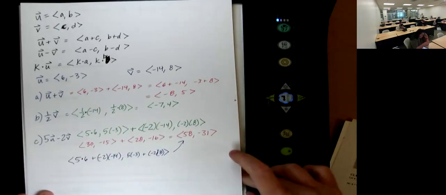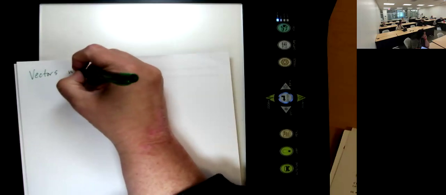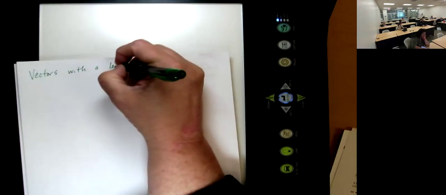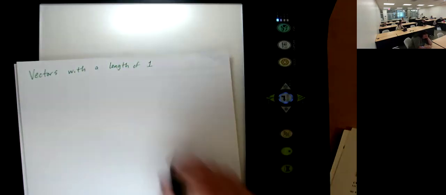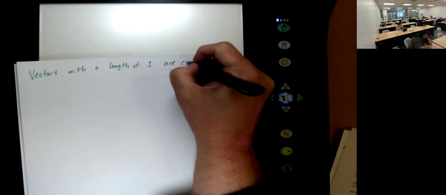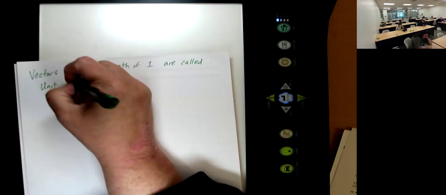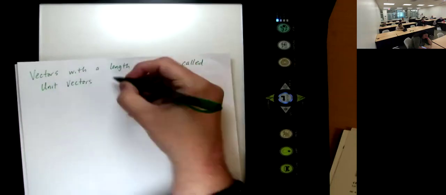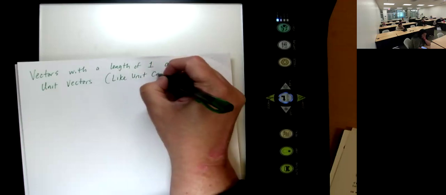You ready for more? Alright, when we have a vector with a length of 1, a magnitude of 1, they are called unit vectors, like a unit circle is a circle of radius 1.